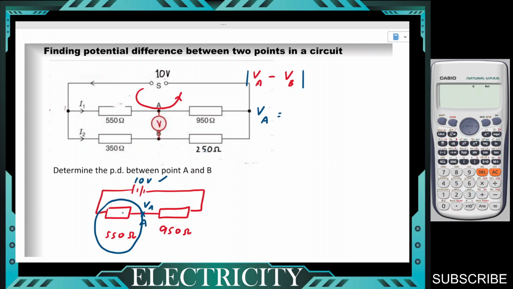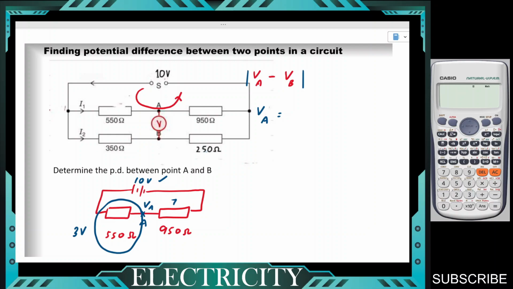Whatever that voltage is, the leftover or the remaining from 10 would be the voltage at A, or the potential at A. So let's say across the first one, the potential difference across the first resistor is 3 volts. Now what is the leftover? 10 minus 3, i.e. 7. So 7 volts would be the voltage at A.